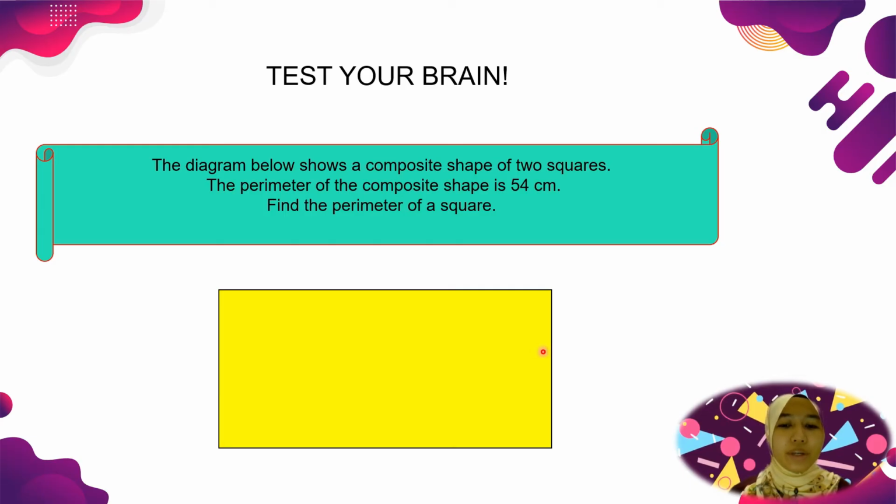How to solve this question? The question asks us to find the perimeter of a square, but we don't know the length of all the sides here. So how to solve this? Let's find the answer on the next slide.